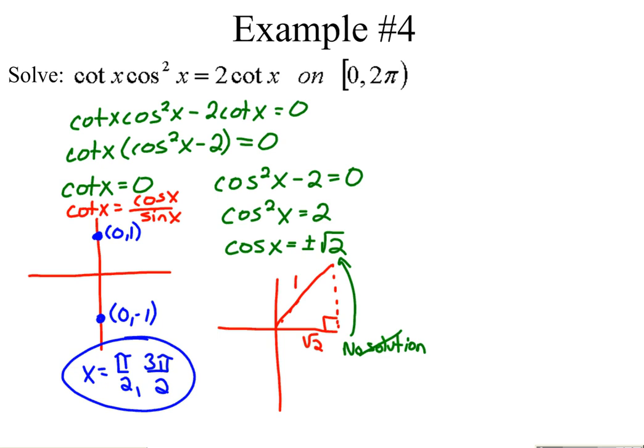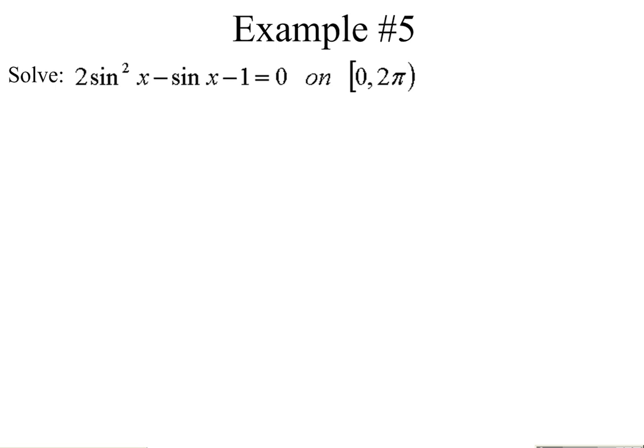So from this factor, there are no solutions. So we don't need to worry about that. Our two solutions to this equation are pi over 2 and 3 pi over 2. If you remember back when we graphed cosine functions, remember cosine values fluctuate between negative 1 and 1. They never get up to root 2 or down to negative root 2.